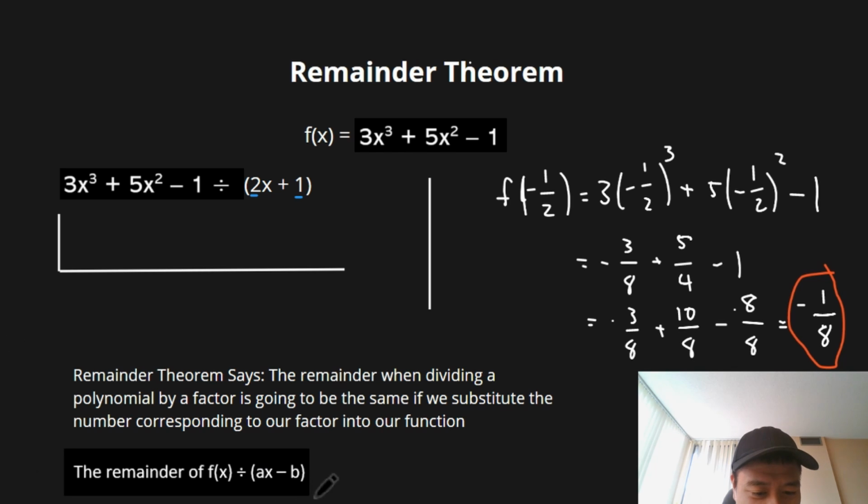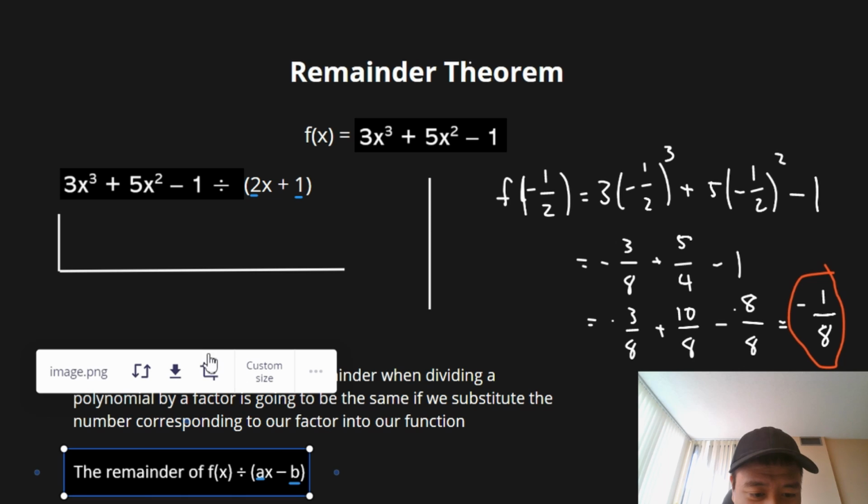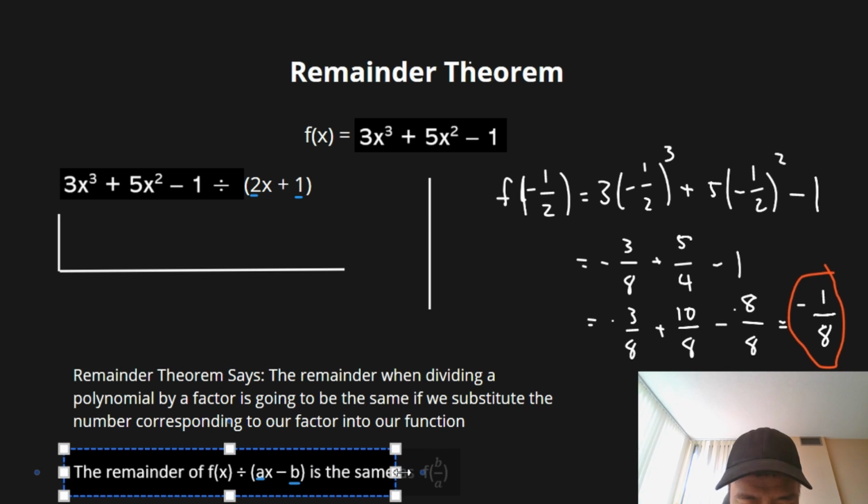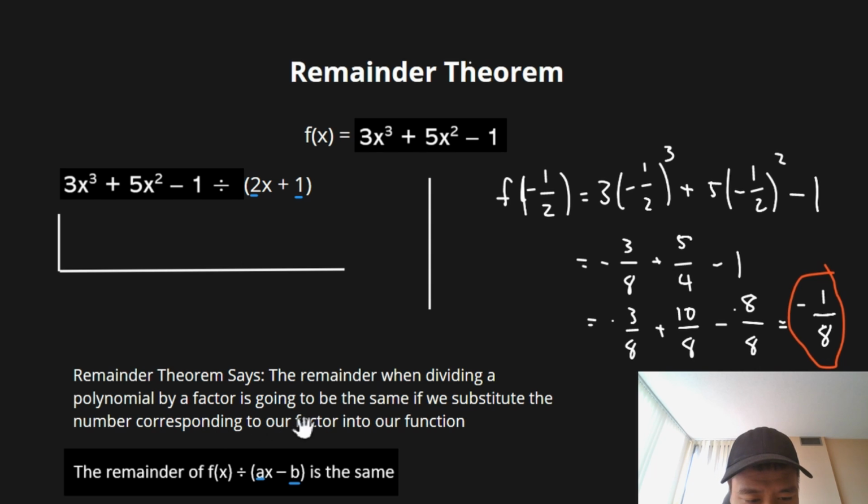If you're wondering what the a and the b stand for, a corresponds to the number in front right here, and b corresponds to this number. The remainder of f(x) divided by ax minus b is going to be the same as if we substituted the number corresponding to our factor into our function.